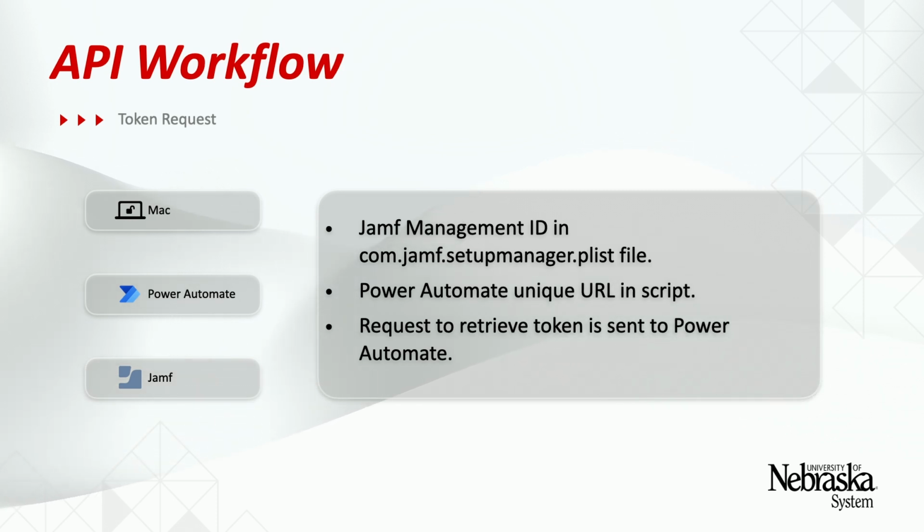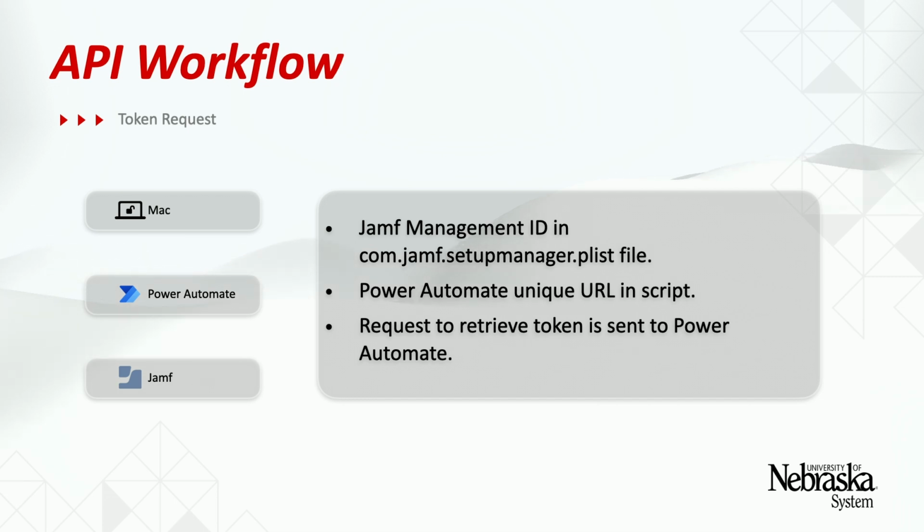So we're giving the device its own setup manager value through that configuration profile and a Jamf variable. And then we're also passing in, through that script that we have to set the computer name, a Power Automate URL that's unique to the flow that we're actually initiating in Power Automate.